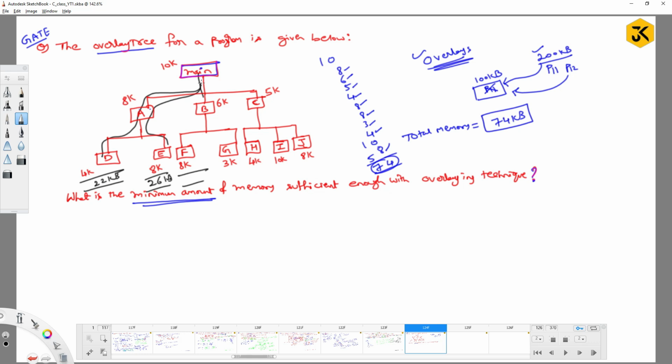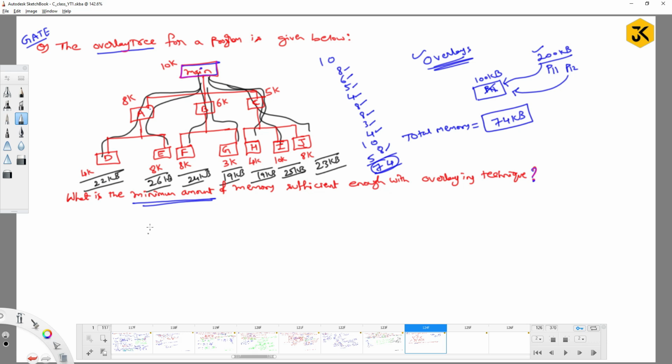In this one, you get 16 plus 8, 24 KB. In this one, 16 plus 3, 19 KB. In this procedure, 15 plus 4, 19 KB. And if you go with this execution, it will be 20, 25 KB. And the last path will be around 13 plus 10, 23 KB, guys.